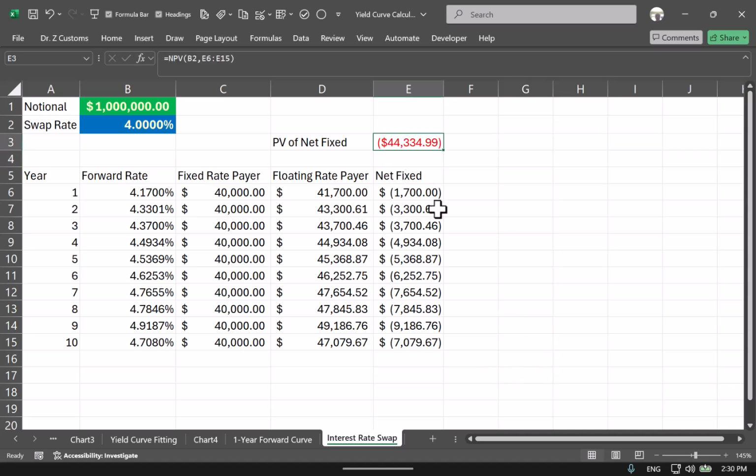Of course, in this case, present value of net fixed is negative. So if the swap rate is 4%, you want to be a swap rate payer, okay? Or fixed rate payer.